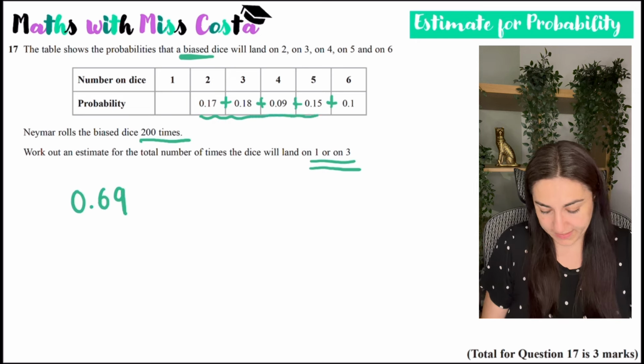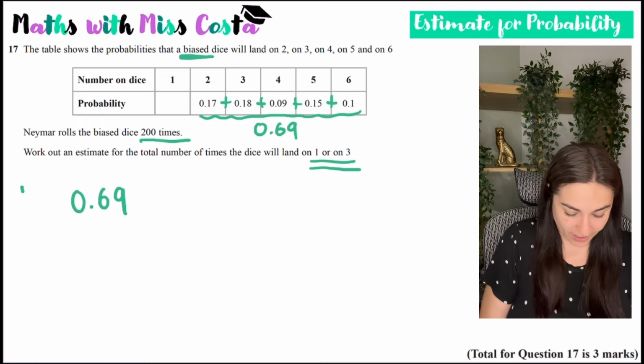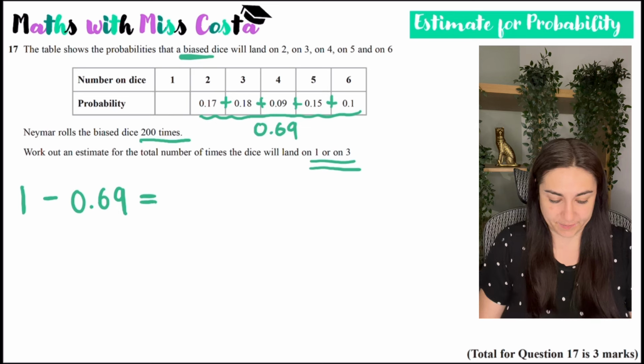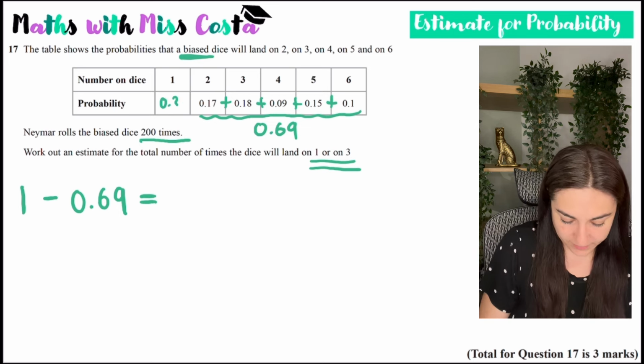So all of this adds to make 0.69, which means that if I take that away from 1, that will tell me what the probability of it landing on a 1 is. So 1 take away 0.69 is 0.31.